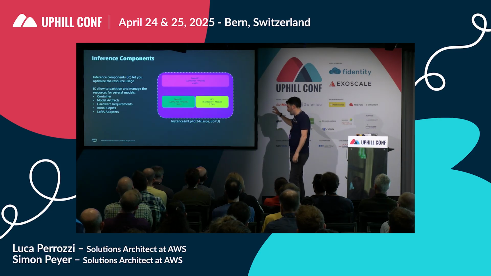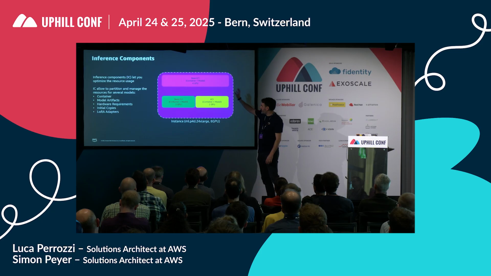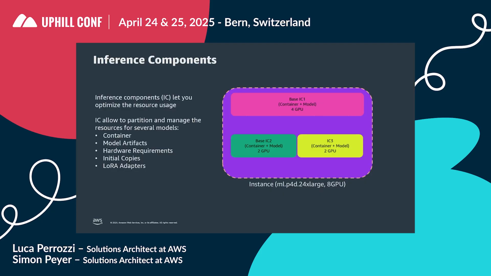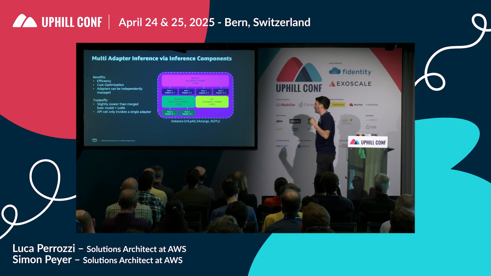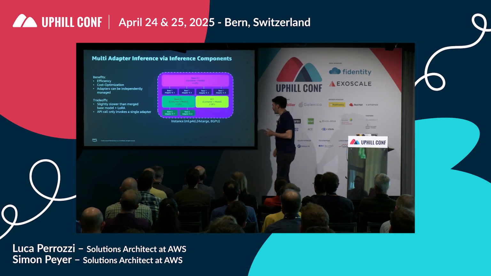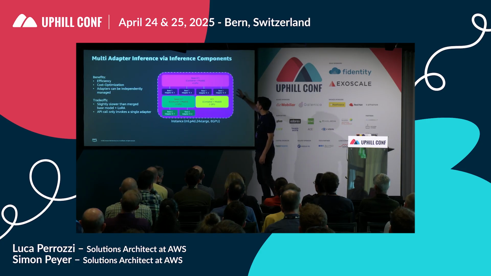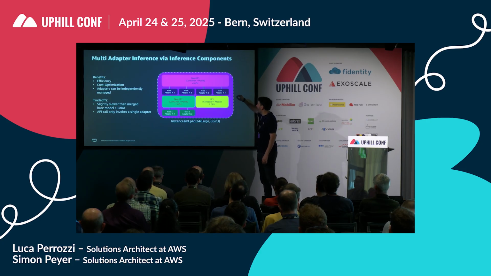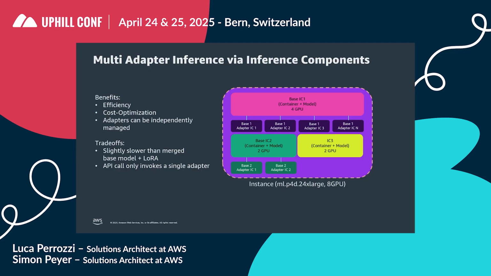So you actually define for each of your models, in this case the base models, how many GPUs need to be allocated for each of these models, what kind of container, and what kind of adapters, as we'll see, or model itself will need to be used. And this is then the inference component for the LoRA adapters, which means that some of the GPU, CPU, or RAM and disk can also be used to seamlessly allocate resources for these adapters that can be loaded and unloaded from the base model.